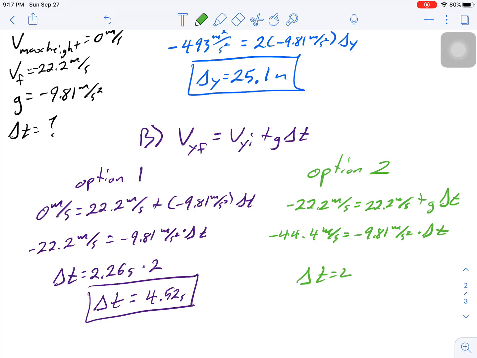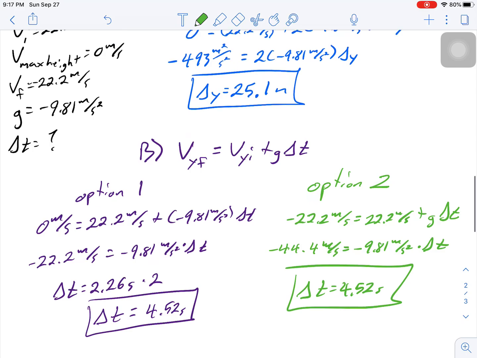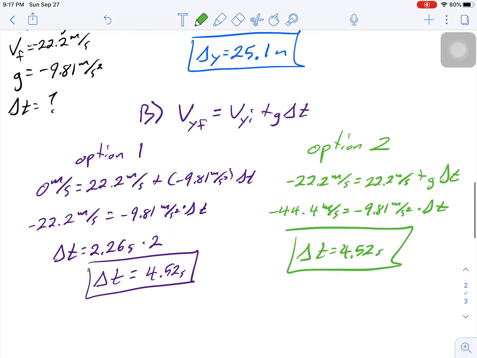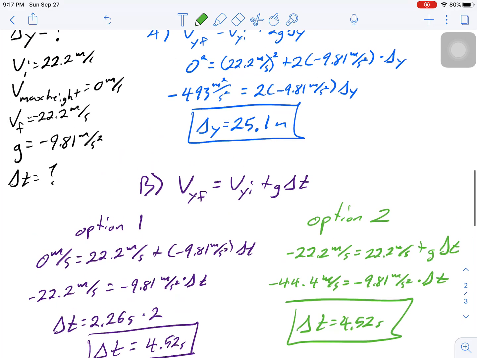In this case, we end up getting the full time of flight because we are assuming that the final velocity is equal and opposite to the initial velocity, based on the statement that it lands at the same height that it is launched from. Both methods are equally valid. They both show the symmetry that we see within free fall motion as long as our heights match. That ends up being the kicker there.